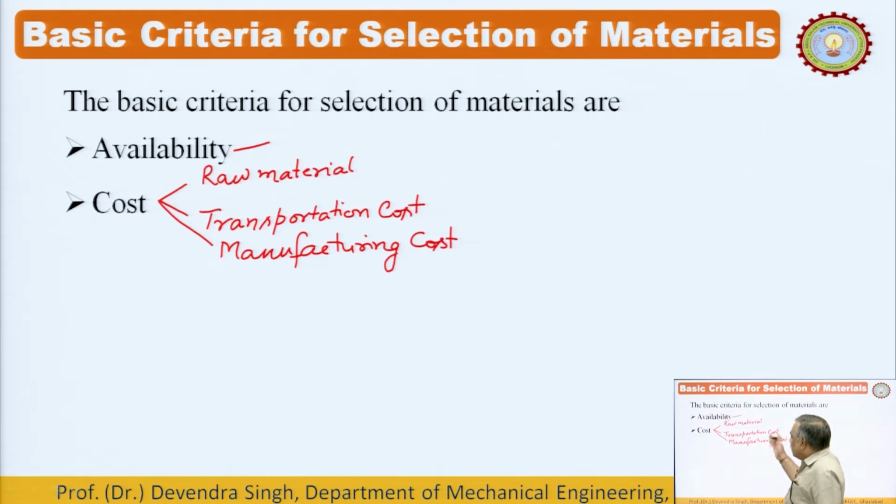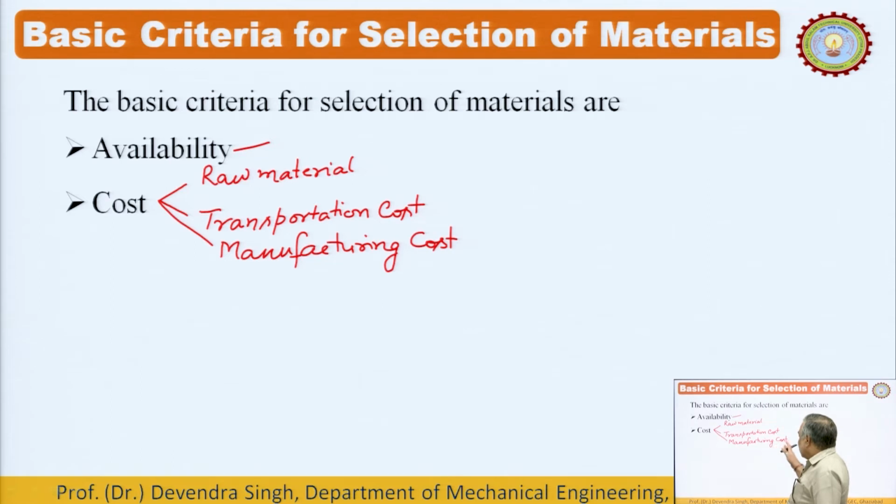So if manufacturing is complex, or manufacturing is tough, then we need some special arrangement, some complexity in the manufacturing. If specialized persons are required, then the labor cost and the skilled labor that is required will also be included.